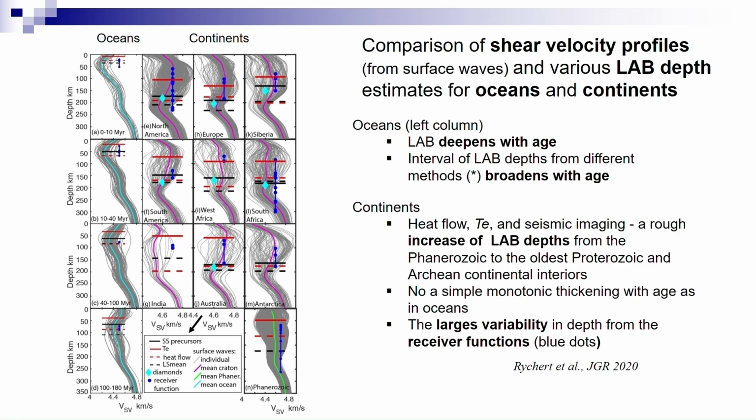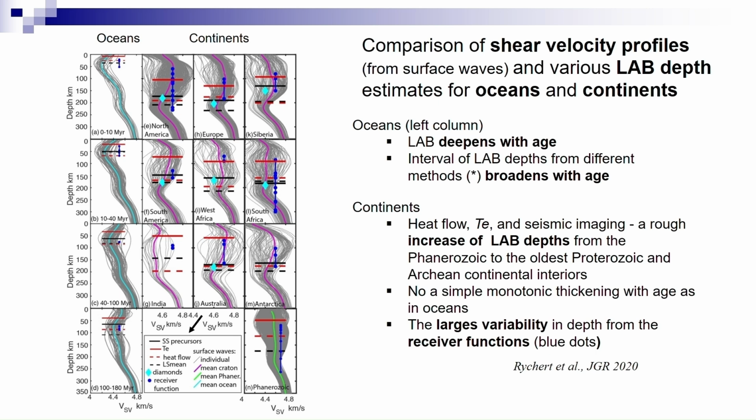Rychert et al. compared shear velocity profiles from surface waves and various LAB depths estimated for oceans and Phanerozoic and Precambrian continents derived by different techniques. Beneath oceans, the LAB deepens with age, and intervals of LAB depth from different methods broaden with age.